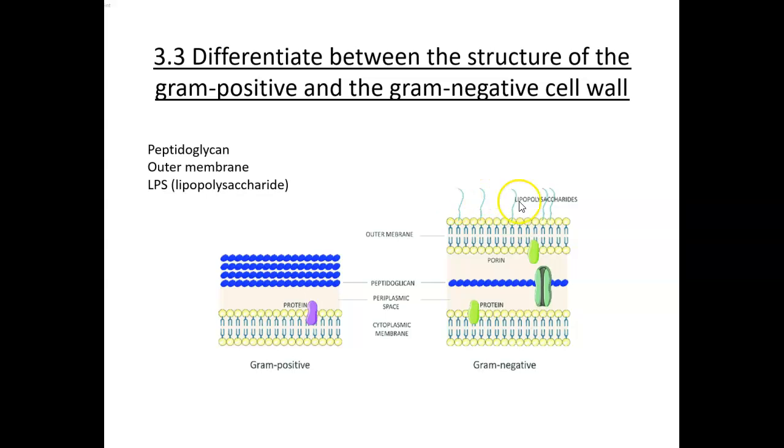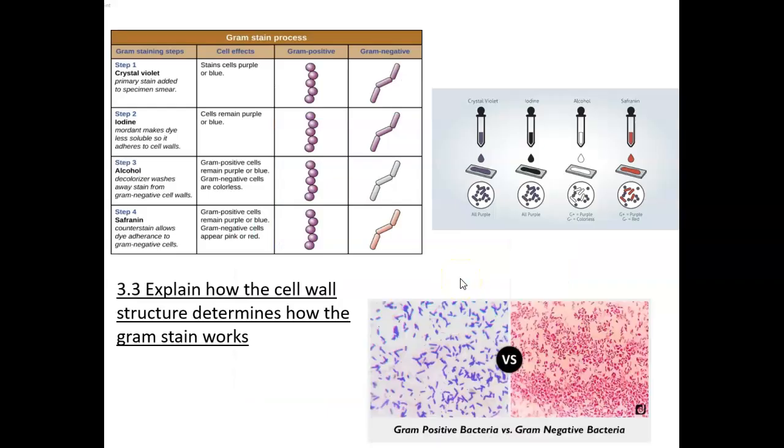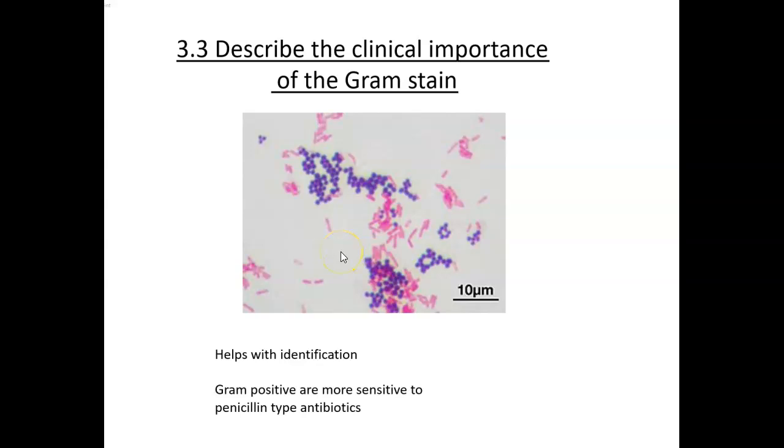Because the gram-negative cells have this outer membrane, they protect their peptidoglycan. So gram-negative cells aren't very sensitive to penicillin. And so you wouldn't treat an E. coli infection, E. coli is gram-negative, with penicillin. So if you do a gram stain, you might not have identified the bacteria, but you know that, oh, this bacteria might be killed with penicillin. This one, I wouldn't even try.